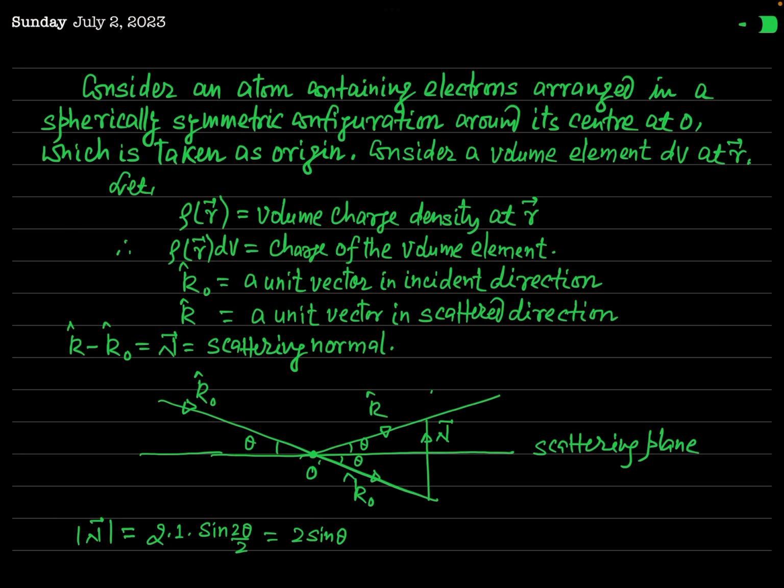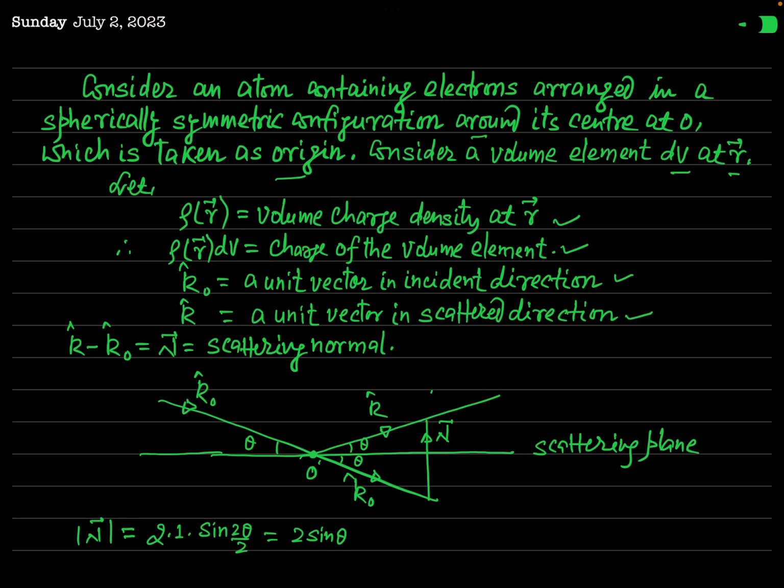Consider an atom containing electrons arranged in a spherically symmetric configuration around its center at O, which is taken as origin. Consider a volume element dV at R, okay? And this ρ(R) is the volume charge density at R. ρ(R)dV is the charge of the volume element. κ₀ is a unit vector in the incident direction. κ is a unit vector in the scattered direction.